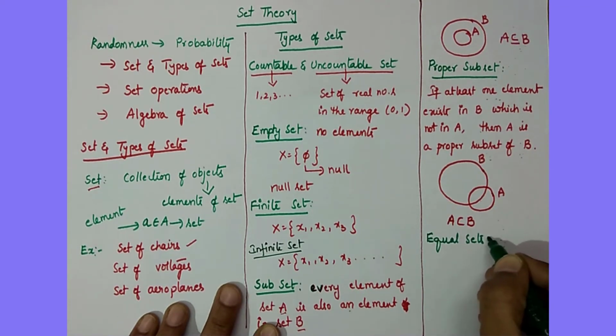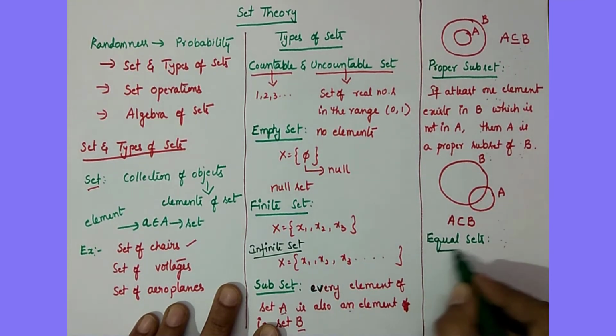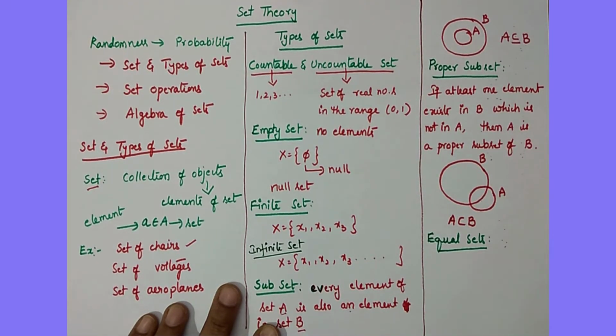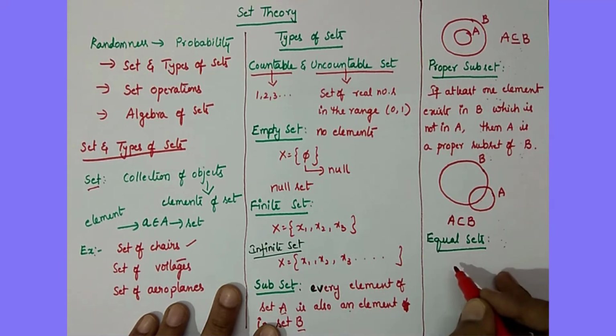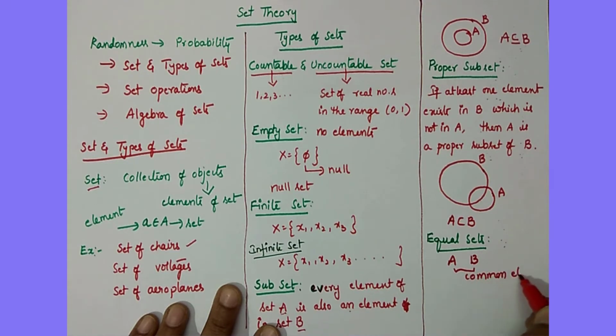Okay. Then equal sets. If two sets A and B are said to be equal, then both sets have all common elements. A and B are said to be equal sets if these two are having common elements.